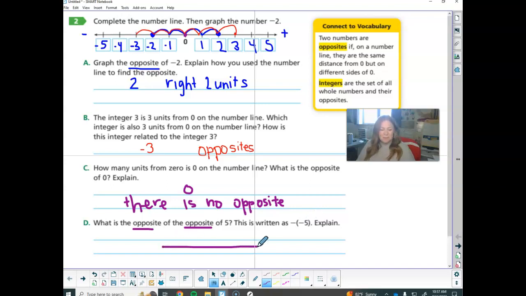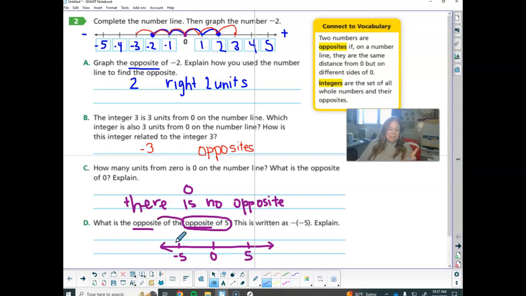Okay, so let's draw out ourselves a little number line here and mark 5. Here's 5. So what is the opposite of 5? Would be negative 5. So the opposite of 5 is negative 5 right here.